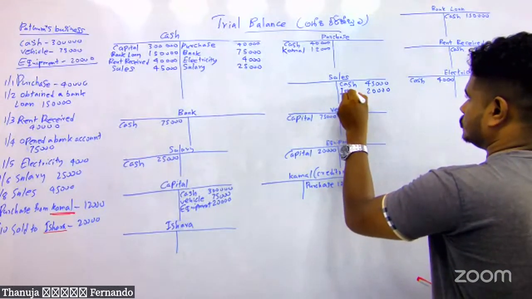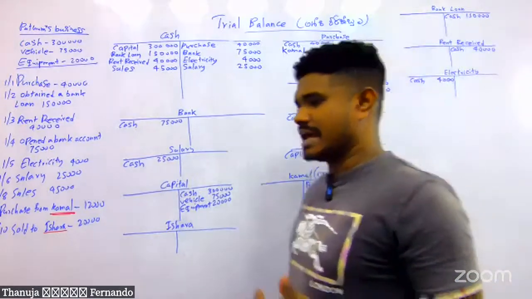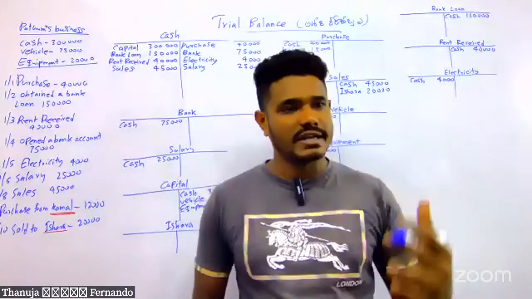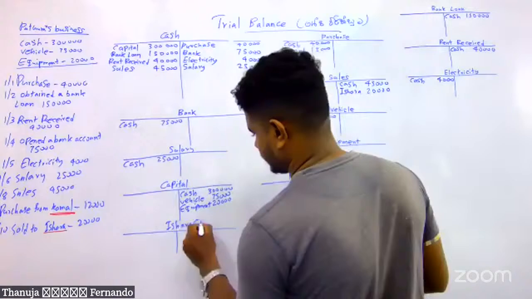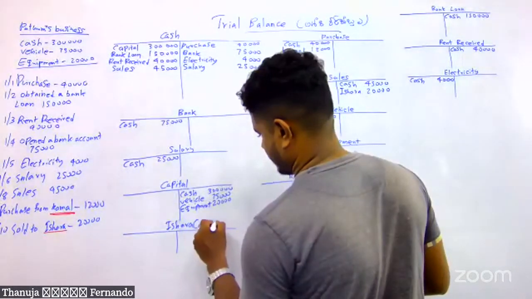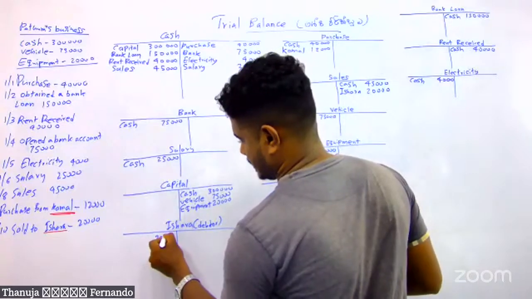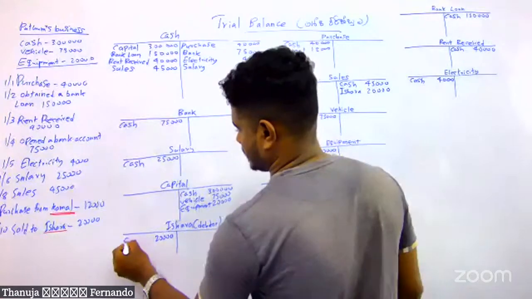I think you have an idea about the difference between cash sale and credit sale, as well as cash purchase and credit purchase. Ishara is our debtor, so increasing debtors, debit. Increasing debtor means increasing assets, debit as sales.